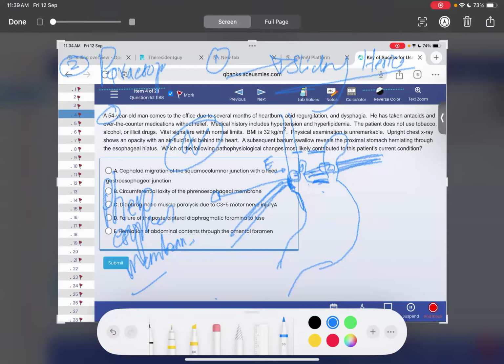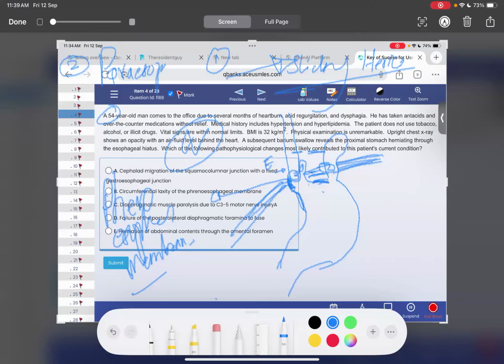So how will it present? Basically, the first type, the sliding hernia, occurs with stress, like severe vomiting and cough, that leads to relaxation of the gastroesophageal junction, and that leads to a sliding hernia.